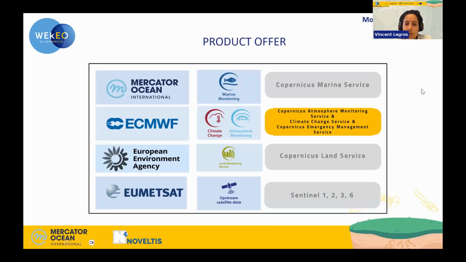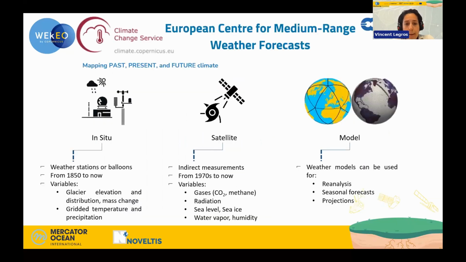Now if we talk about the Climate Change Service and also the Atmosphere Monitoring Service and the Emergency Management Service, these are all operated by ECMWF. The goal of the Climate Change Service is to monitor the climate in the past, the present, and the future.